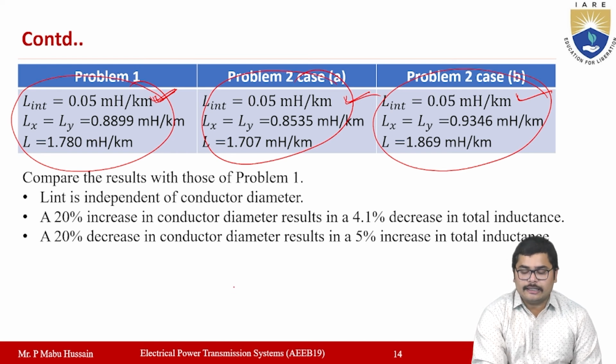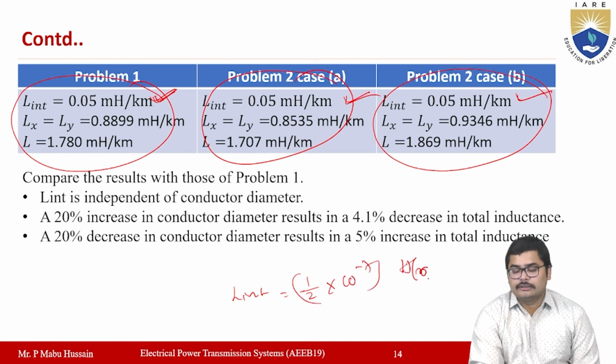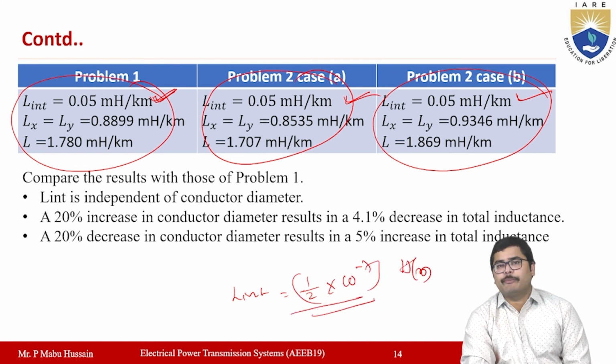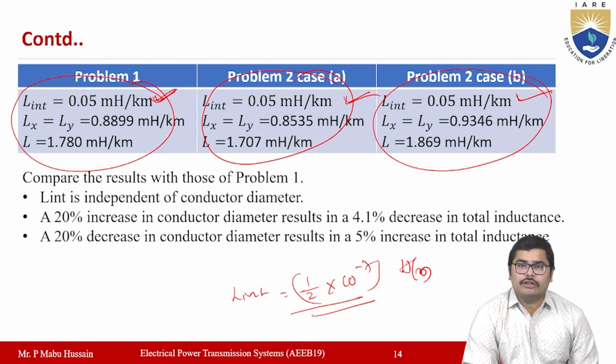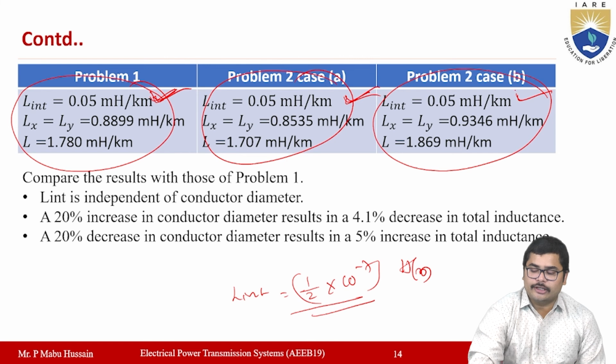Because the internal inductance value is 1 by 2 into 10 power minus 7 Henrys per meter. So this value does not depend upon the radius of your conductors. When you change the radius, whether you decrease or increase it, the value of internal inductance doesn't change. In all the cases you will get the same value.